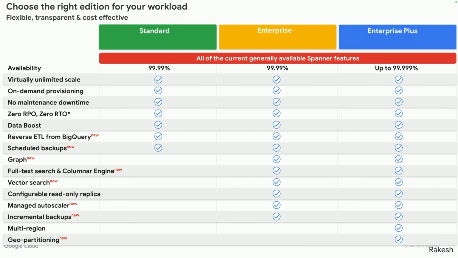Enterprise and Enterprise Plus editions will provide you with all the capabilities that Neha was talking to you about. Enterprise Plus offers multi-regional support as well as geo-partitioning in addition to some of those key capabilities. And also Enterprise Plus gives you 5 nines of availability, which are crucial for some mission-critical applications.